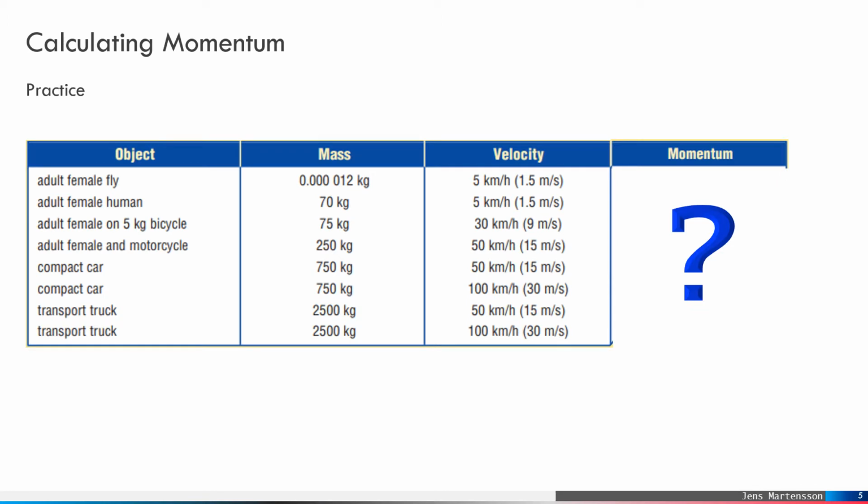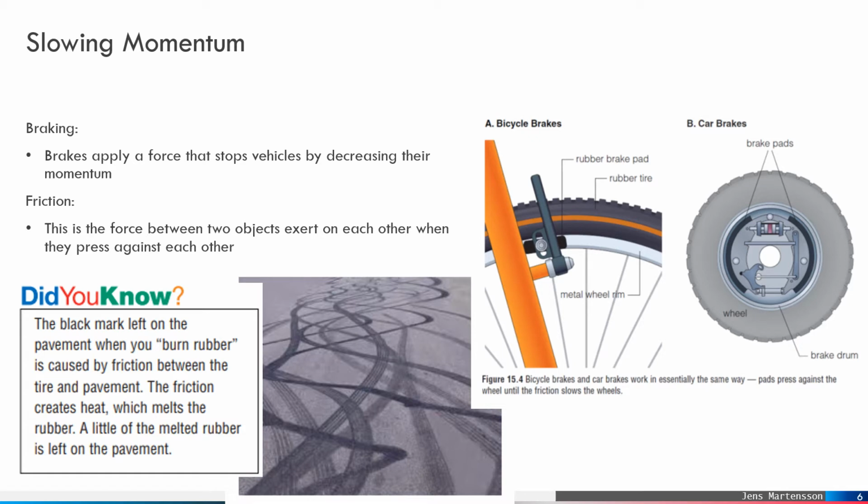Here you can see a few more objects that are flying at a certain speed and they have their mass. Take some time now, pause, and practice calculating these out, please. Perfect. Hopefully those practice questions went well. Now, when we're talking about momentum, we also want to talk about how we stop or slow down momentum.